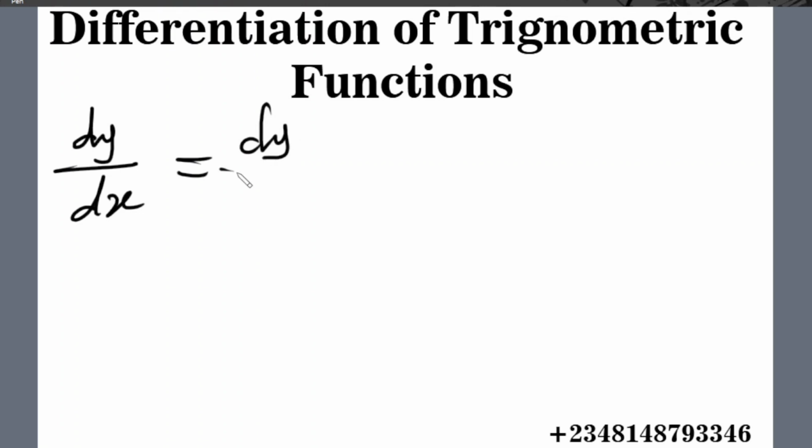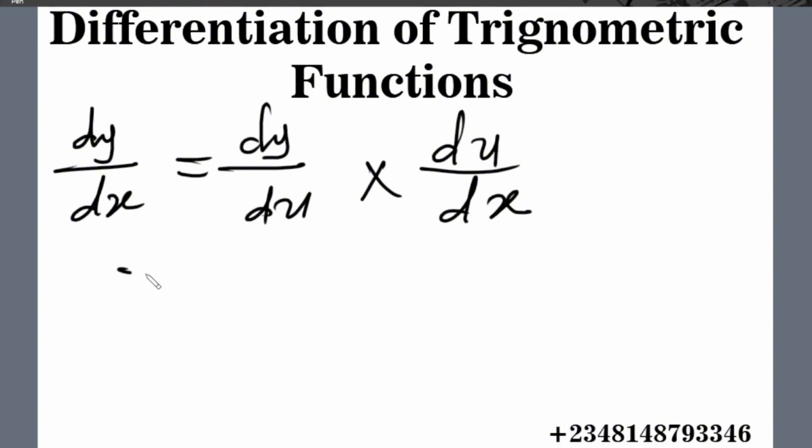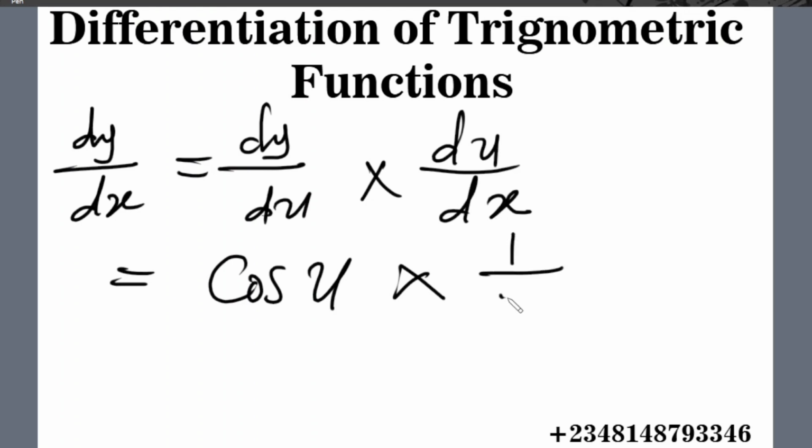Now, let's substitute the calculated parameters into the chain rule formula. The chain rule formula is dy over dx equals dy over du multiplied by du over dx. Substituting, dy over du is cos u multiplied by du over dx, which is 1 over x.